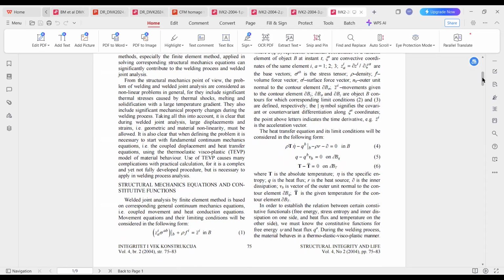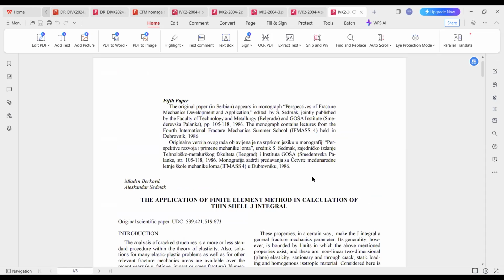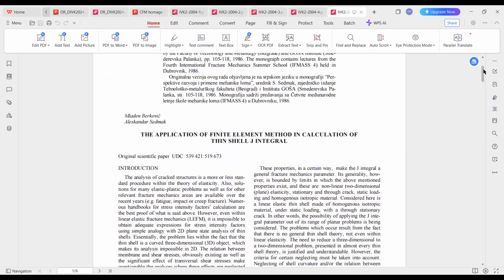It was a coupled thermomechanical problem that was solved here. And maybe just one more, which was part of my doctoral thesis, conservation law of J integral type for thin shells, and this was the numerical part.